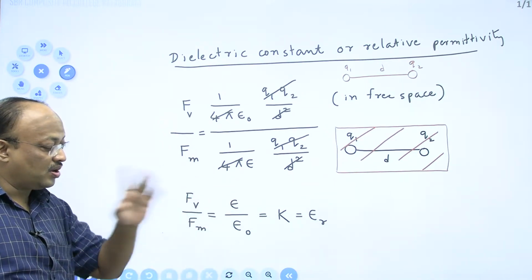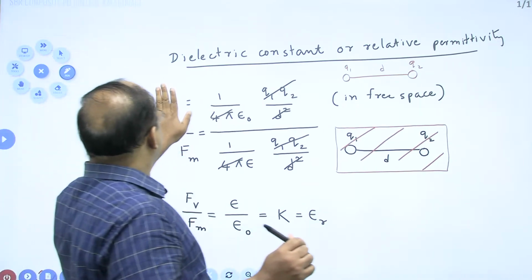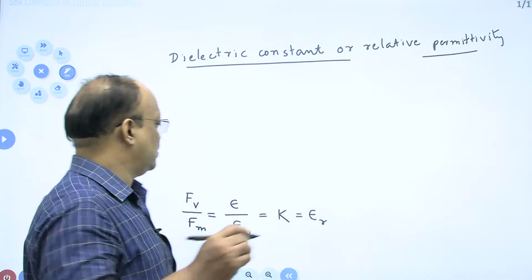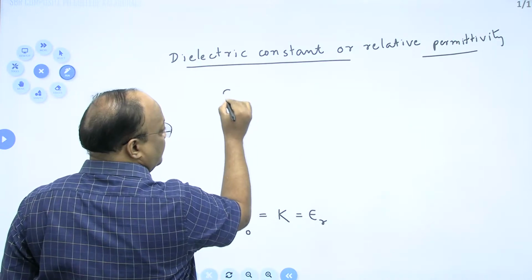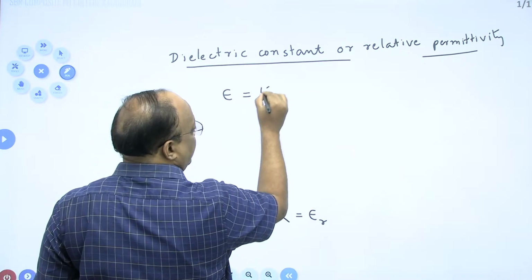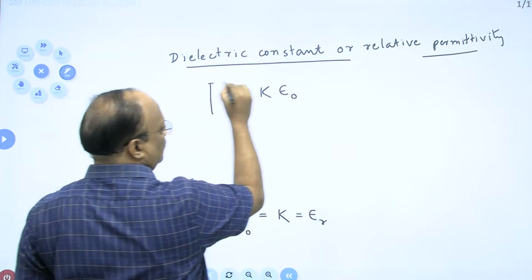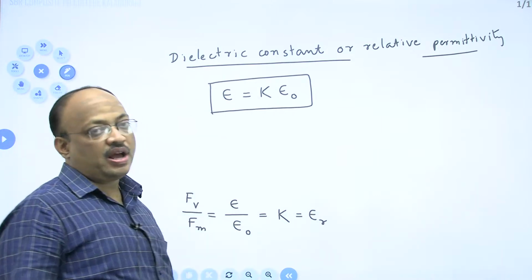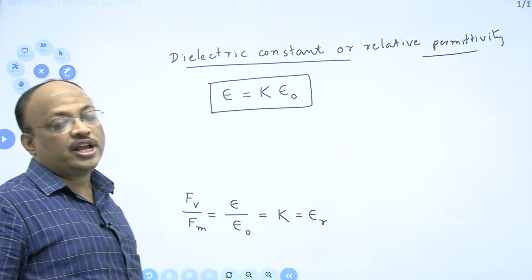Epsilon by epsilon naught is our dielectric constant. So how can we write it? If I cross multiply, epsilon is equal to K into epsilon naught. Permittivity of a medium is equal to dielectric constant into epsilon naught.